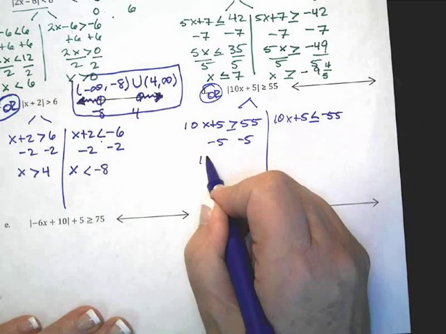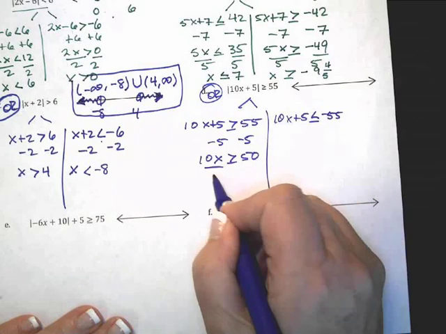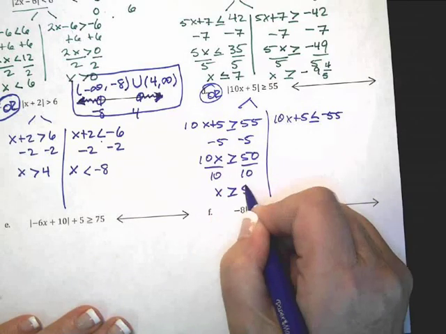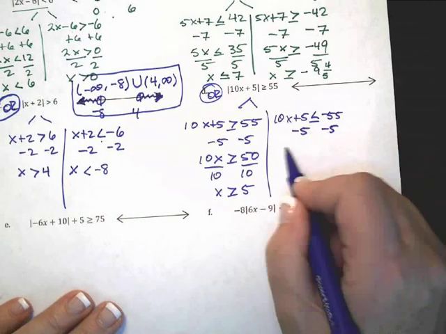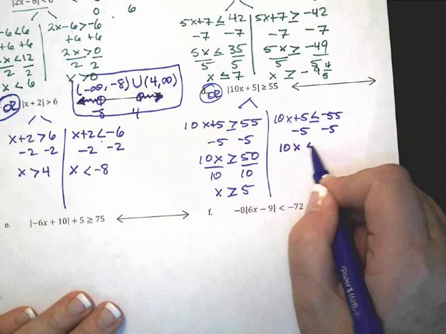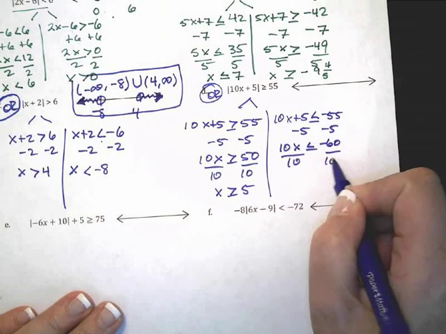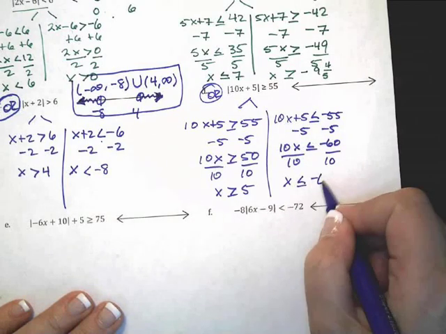Subtracting 5 from both sides, we get 10x is greater than or equal to 50. Dividing by 10, x is greater than or equal to 5. Or 10x is less than or equal to negative 60. Dividing by 10 gives us x is less than or equal to negative 6.